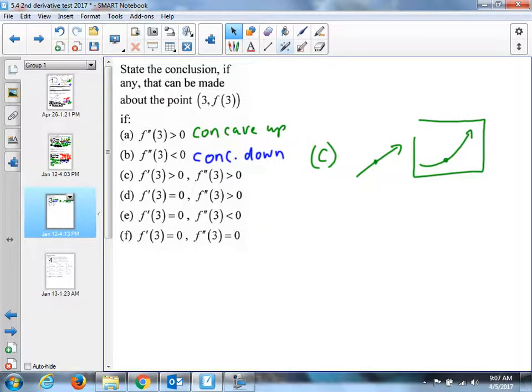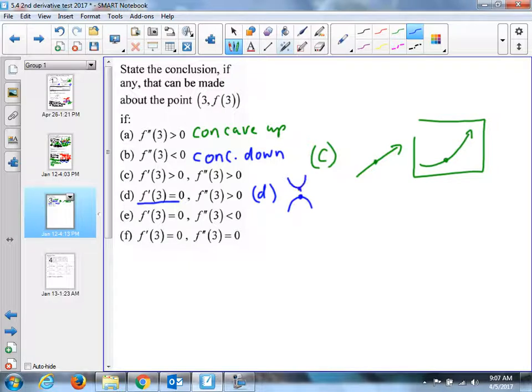What about D though? Once you have 0, you know it's possibly a maximum or minimum, right, for the first derivative. But if it's concave down, what does this tell us here for D? So first thing is that it's either this or this. We don't know which one until we consider the second derivative.